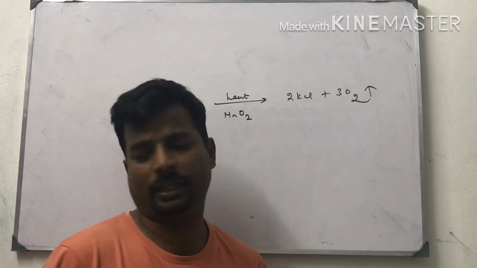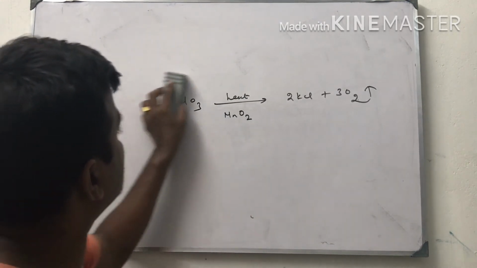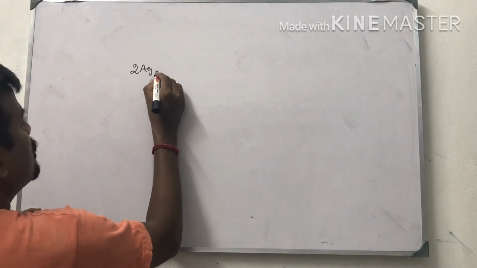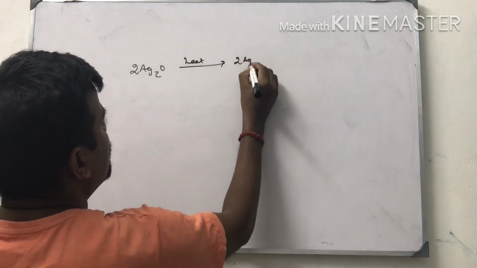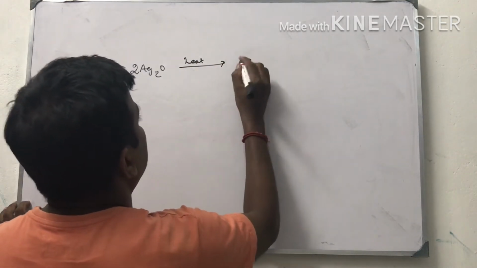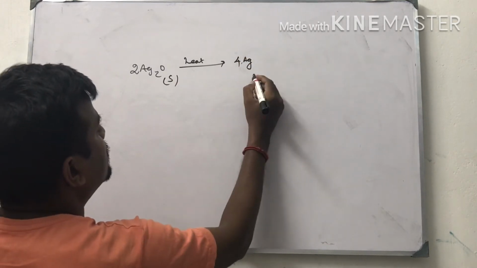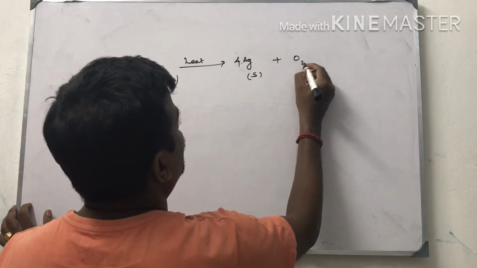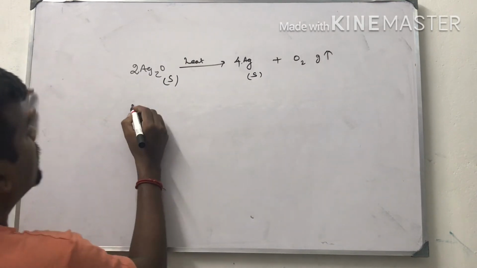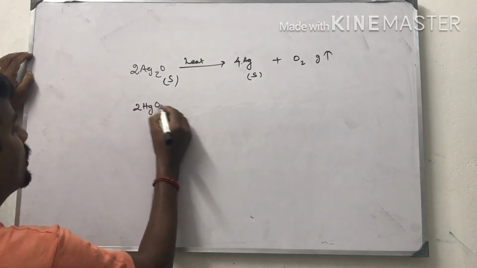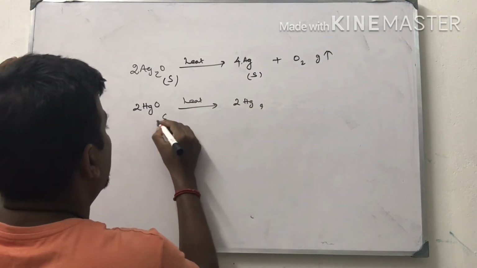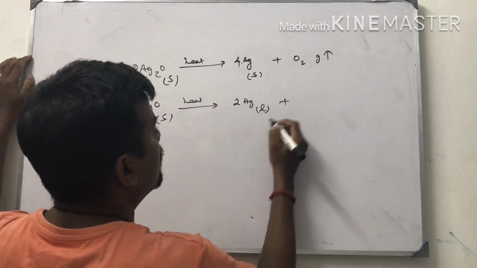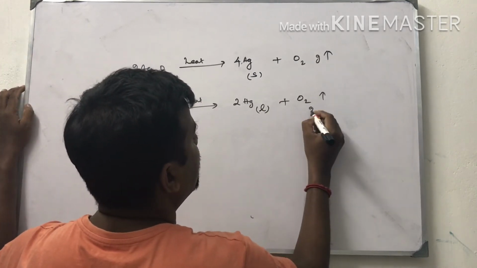That I am going to write here. 2Ag2O on heating gives 4Ag, a solid, plus O2 gas. Next one, 2HgO, mercury oxide, on heating produces 2Hg, a liquid, plus O2 gas.